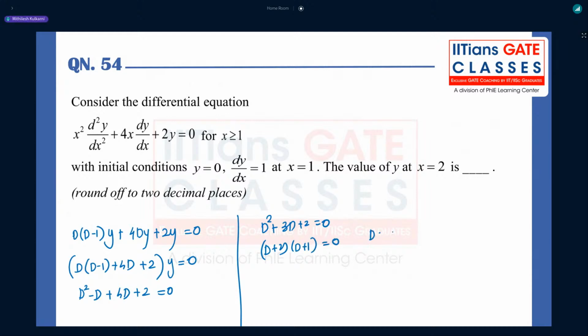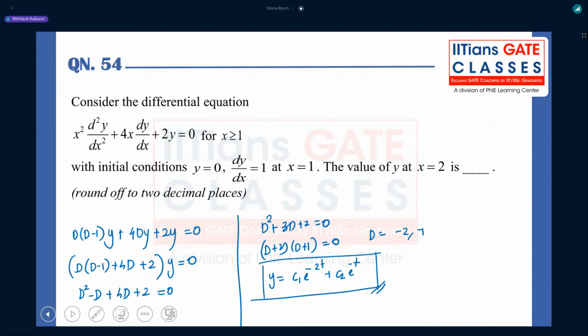So D will be equal to minus 2 and minus 1. Okay, so what we can write is y is equal to c1 e to the power minus 2t plus c2 e to the power minus t. Okay, this is the solution of the given differential equation.